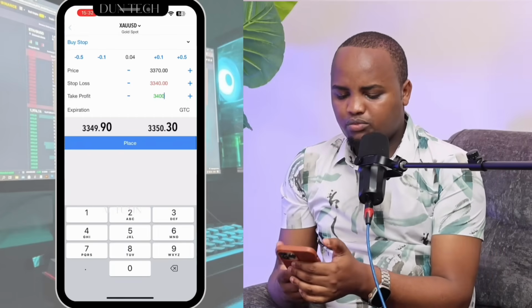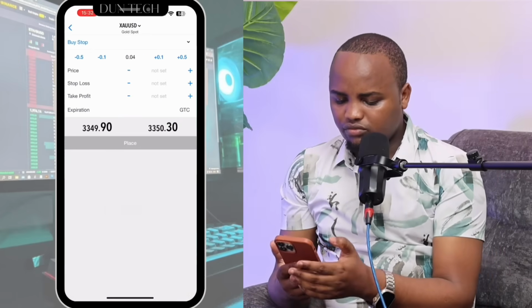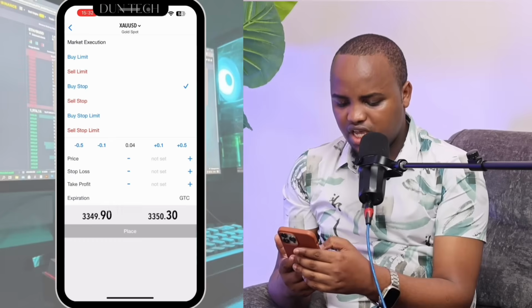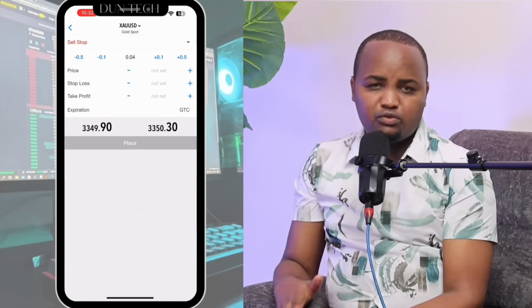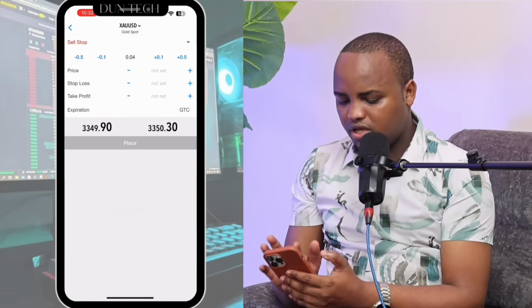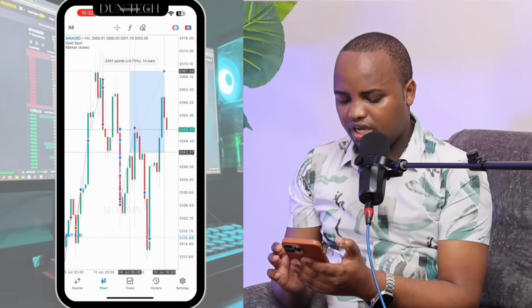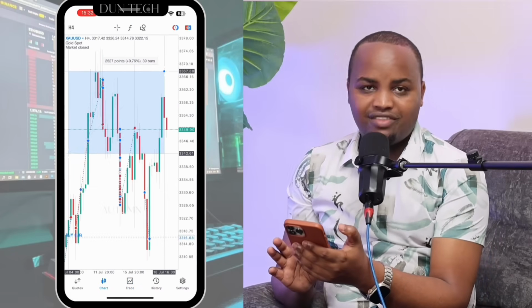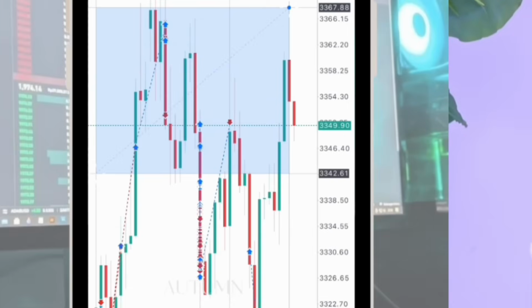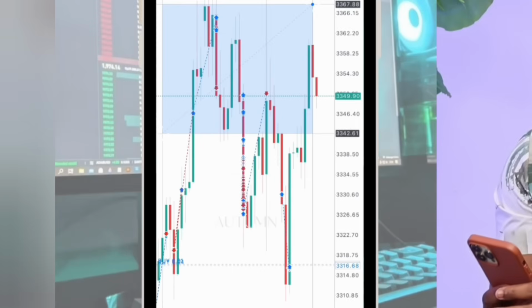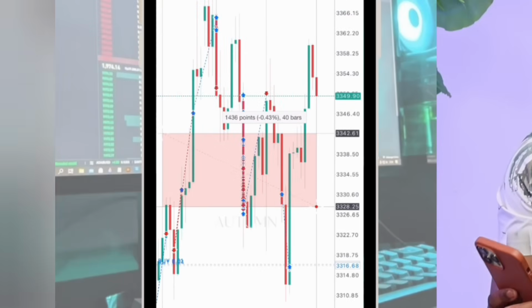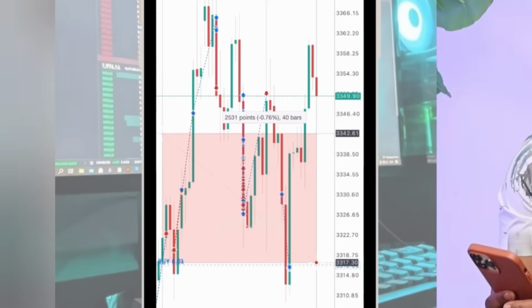It is the opposite of sell limit, so the sell stop is when the price drops to a certain area, like this one. Let me show you again on the screen where I have placed this at 316. Because the current price is 349, I'm saying that when the gold price touches 316, it is going to drop down.